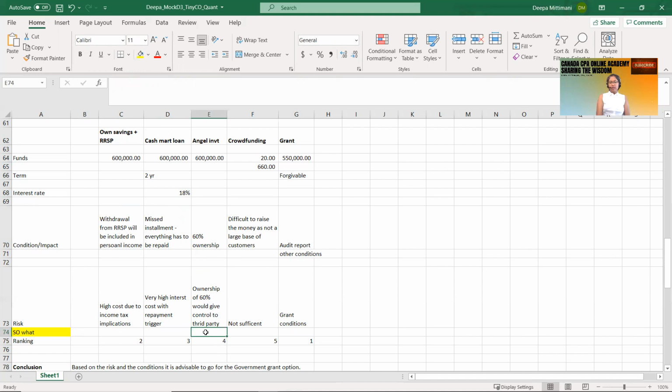So the TinyCo would lose decision making control and so on, and this would have qualified. So I was just missing one step of depth that would have put me to level of C.